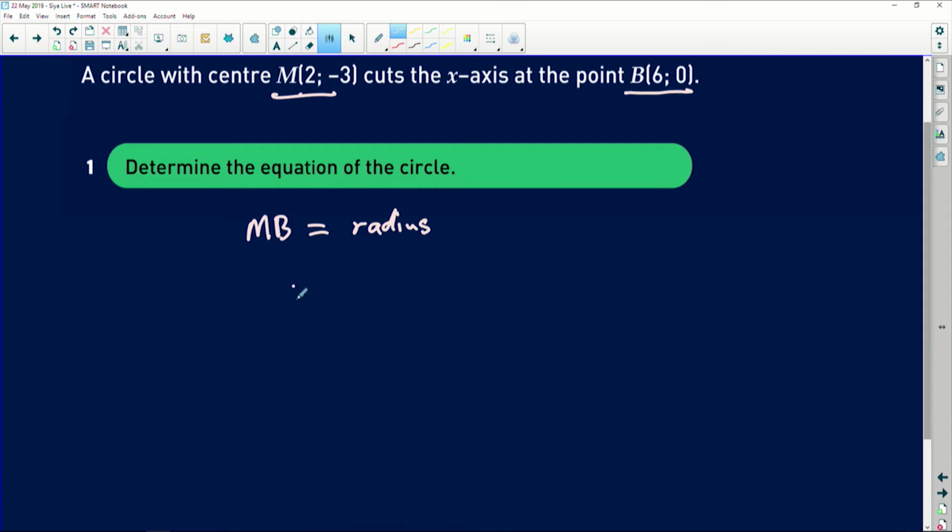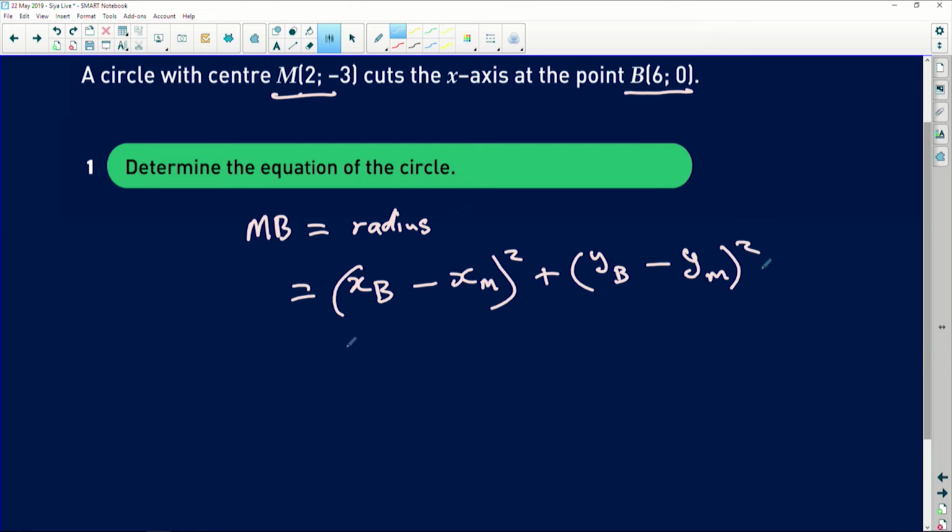To find the distance quickly, I will say it's going to be (XB minus XM) all squared plus (YB minus YM) all squared. This will equal X at B, which is 6, minus X at M, which is 2, and then squared, plus Y at B, which is 0, minus Y at M, which is -3. So it's going to be -3 there.